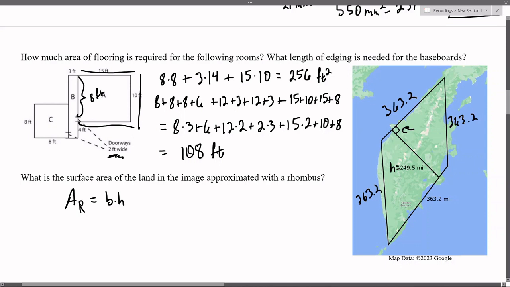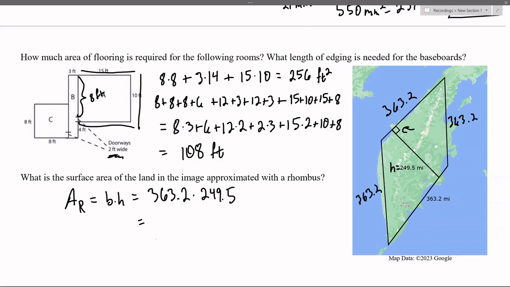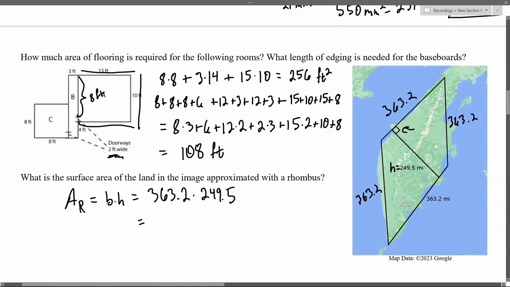So we know the base is 363.2 and the height is 249.5. These are both in miles, so the unit is going to be miles squared. That gives us, I'm getting 106,962.4 miles squared.